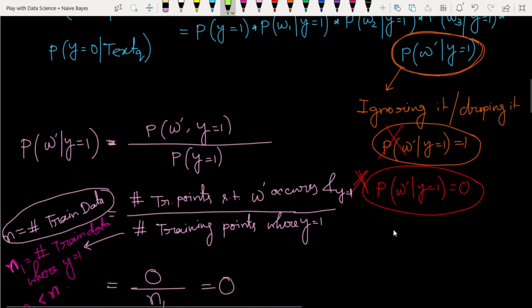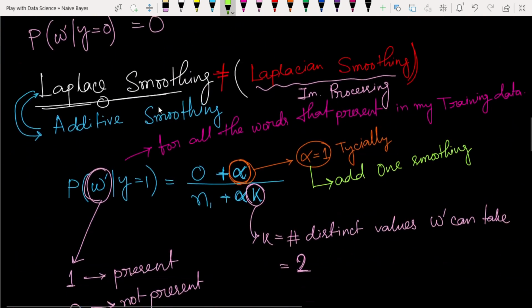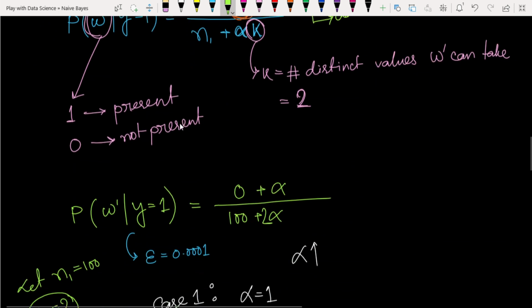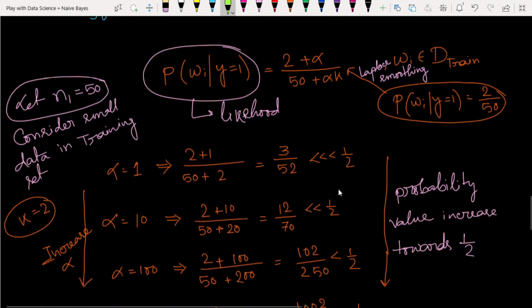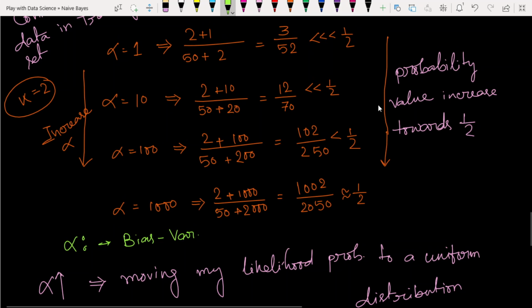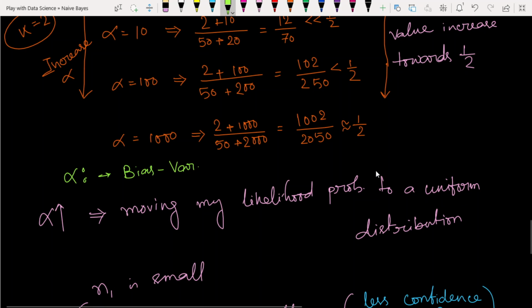So to avoid these problems, we use Laplace smoothing. Here Laplace smoothing is not used just for a single unknown word, but for all the training data. For this Laplace smoothing, if we increase the value of alpha, the likelihood probability tends to a uniform distribution, that is, the likelihood probability value tends to half for both classes.